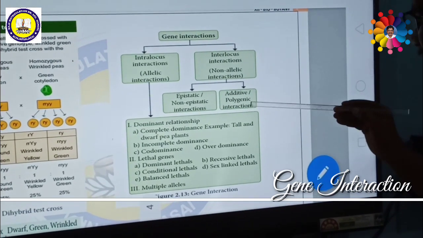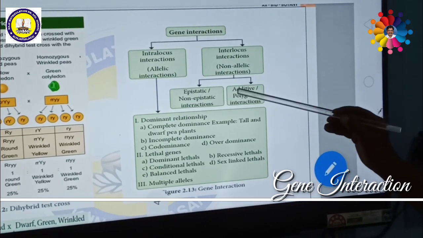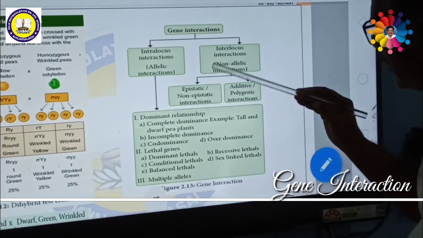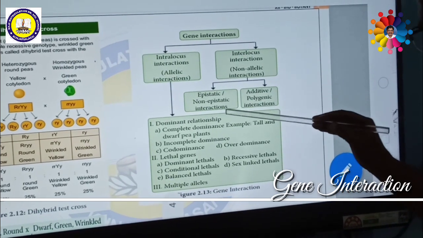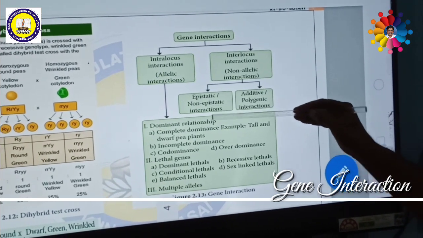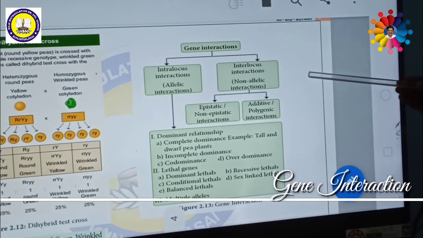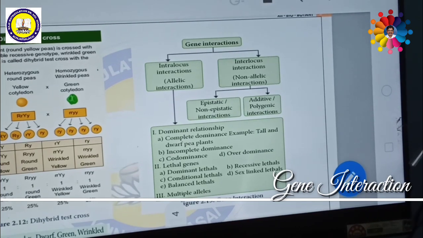It is called polygenic interaction. Epistatic means a gene or alleles present in one locus which mask the gene or alleles present in the other locus. The details I shall explain later on.